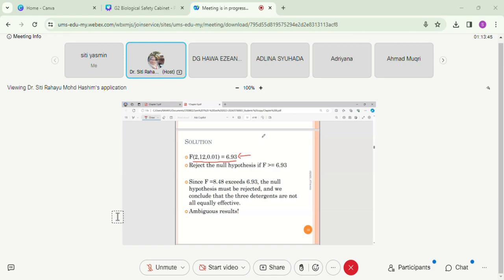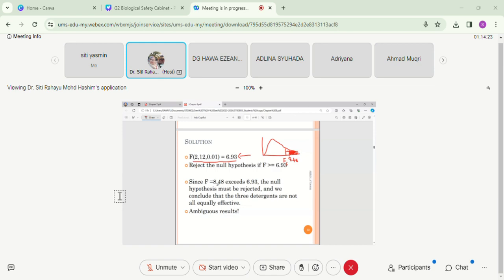Since the F probability distribution is slightly skewed, let's say this is the F critical, the F statistic will be a bit far to the right. So this is the p-value, the area under the curve for F statistic 8.48. So it is in the rejection region.